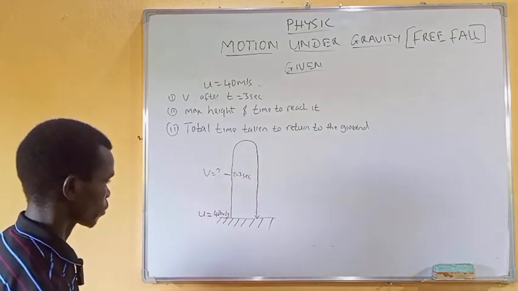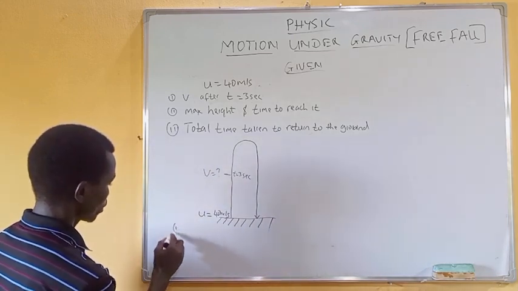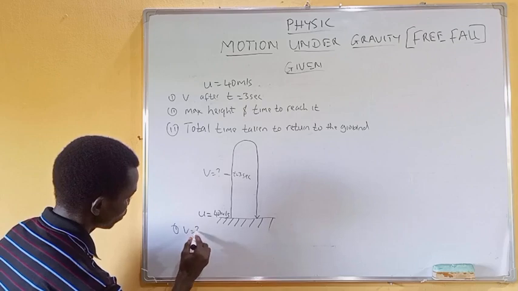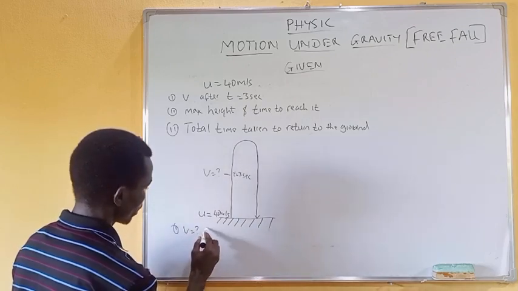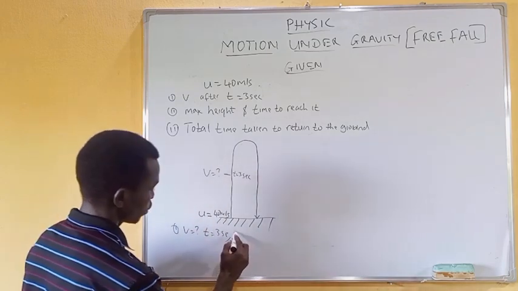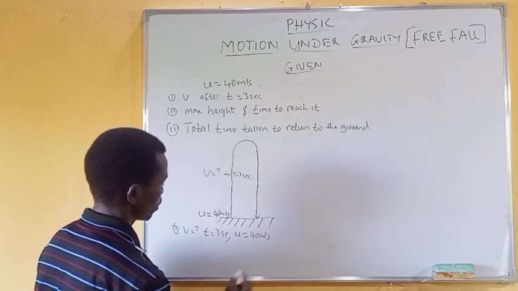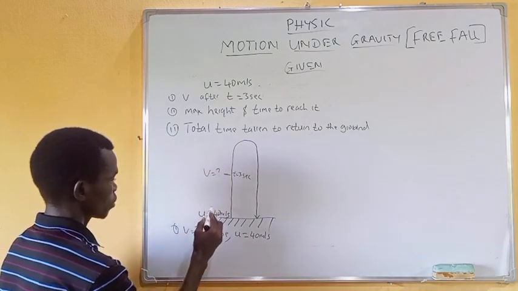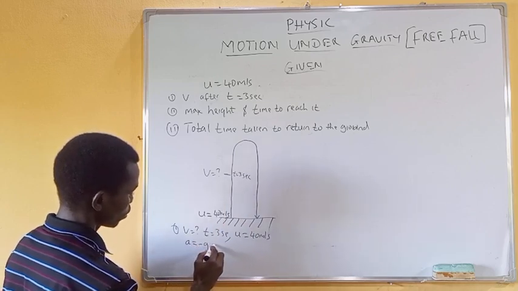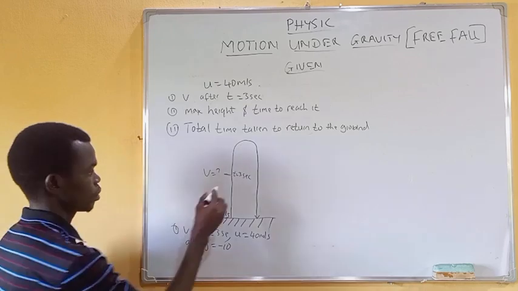That is question 1. From the given parameters for question 1, we have V, which is the one we are looking for. We have time, 3 seconds. We have initial velocity, which is 40 meters per second. And we have acceleration, which is equal to negative gravity, which is negative 10, since it's moving upward.